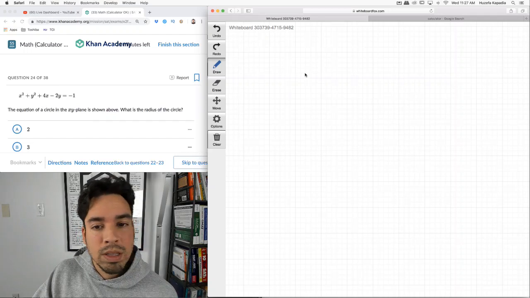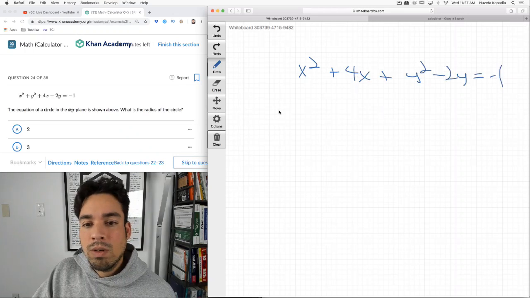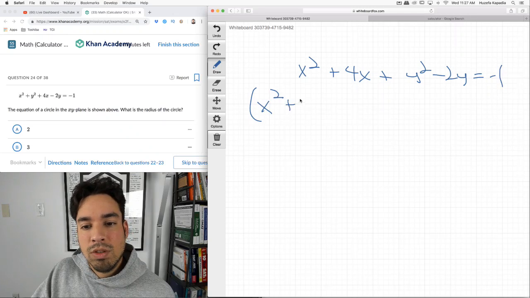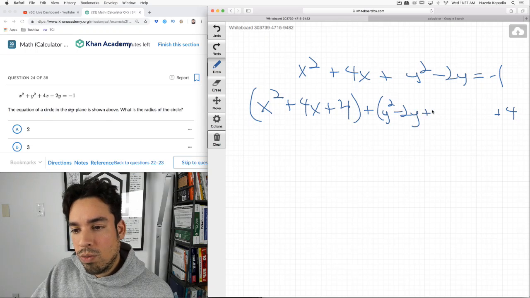Okay, we need to put this into the right format, which means we have to complete the square. This is a pretty hard circle problem, actually. Equals -1. Now it's x squared plus 4x plus half of 4 squared. Half of 4 is 2, squared is 4. And then we have to add 4 to this side. Plus y squared minus 2y. Half of -2 is -1, squared is 1, equals -1.